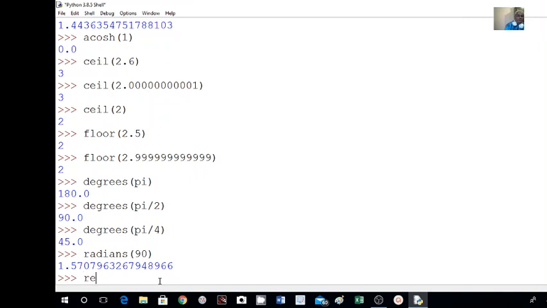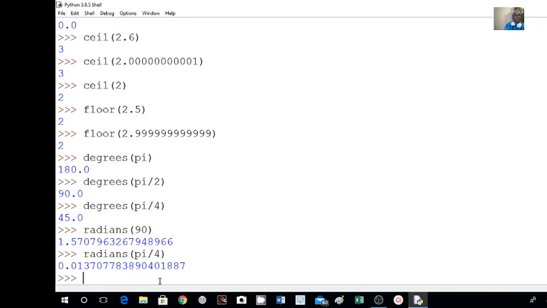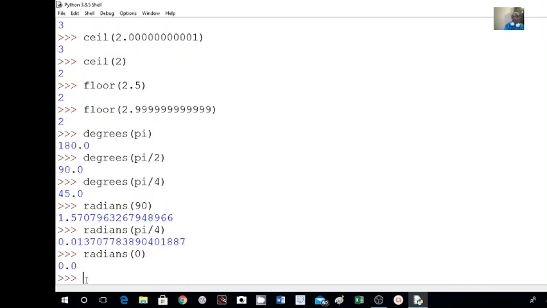Radians, pi by 4, converting in terms of radians. This is equal to 0.01. This is treated as in terms of degrees here. It is converting in terms of the radians here. Again, radians 0. Definitely it is equal to 0. Okay.